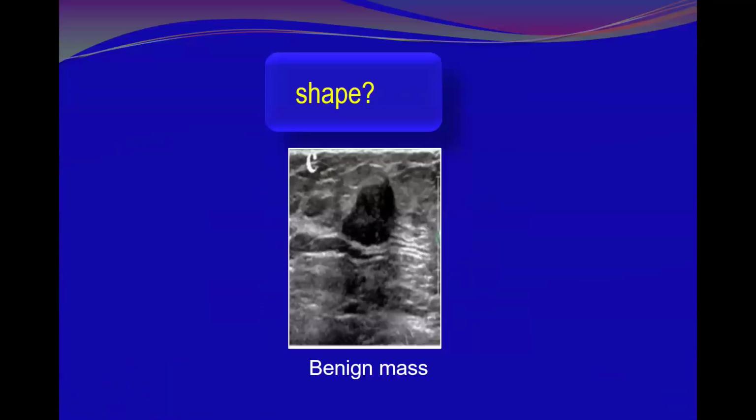Okay. This is a benign mass. Can you tell the shape? What is the shape of this lesion? Irregular. Who said irregular? Sarah. Excellent, Sarah. Yes, excellent.